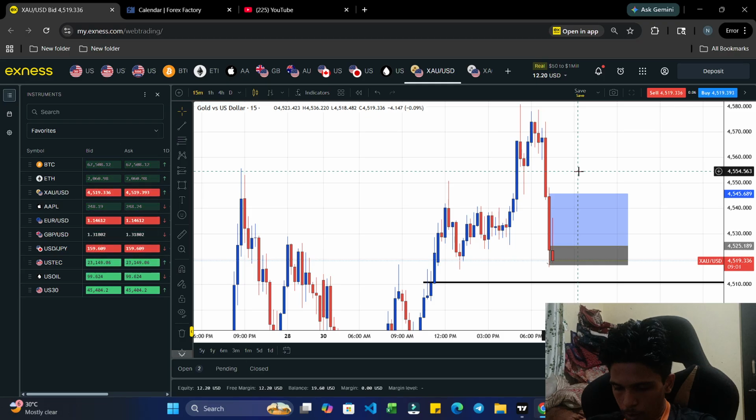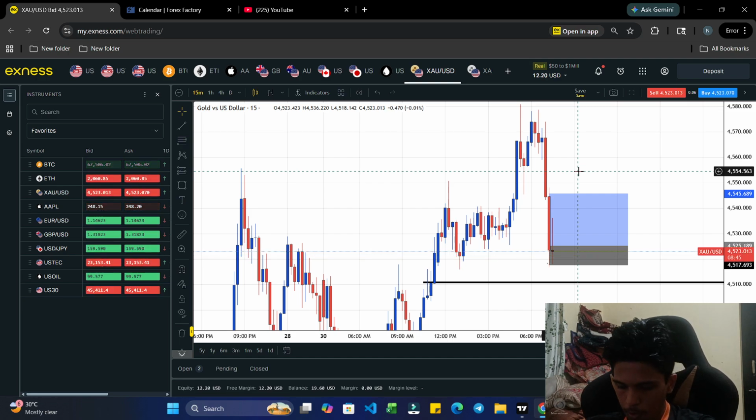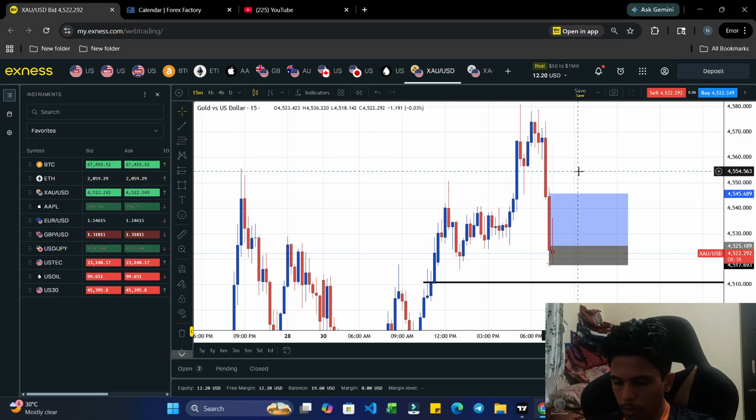But if that level is broken, we are waiting, because taking a trade directly can cause us a big loss. But the trade has been perfect.